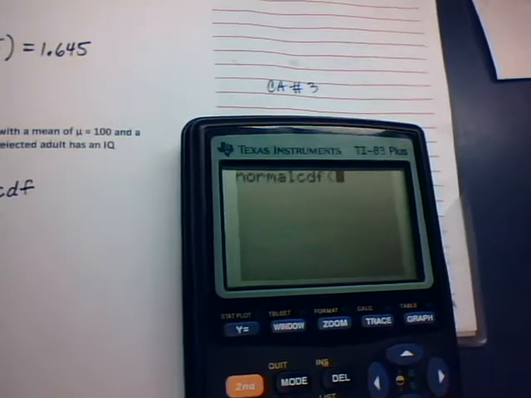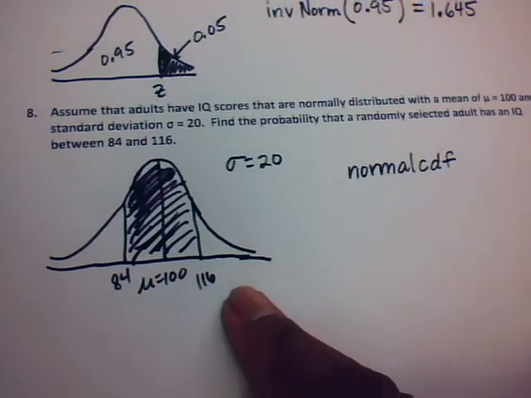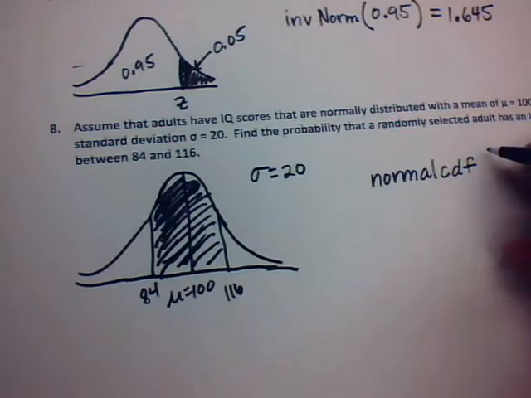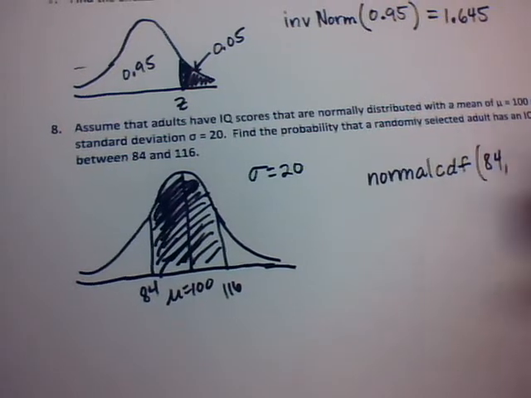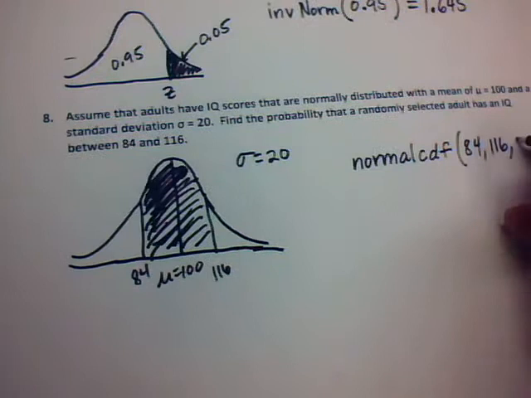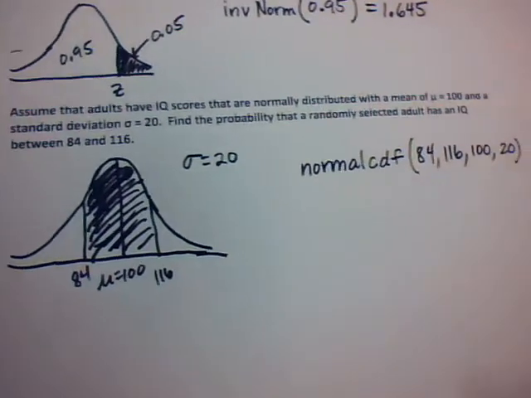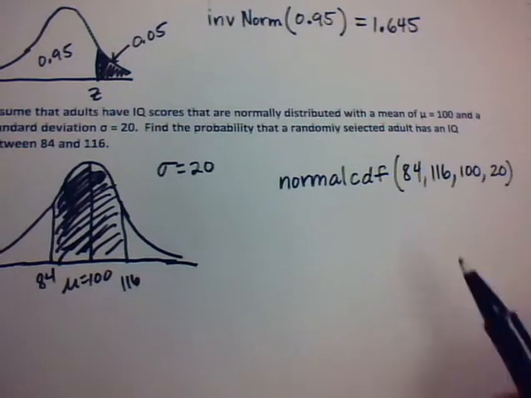Now, the low limit, in this case, the low number is 84. The upper limit is 116. And then mu is 100, and your standard deviation is 20. That's how we enter this in the calculator for the normal CDF.